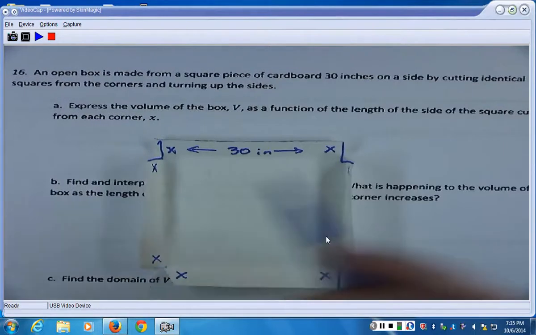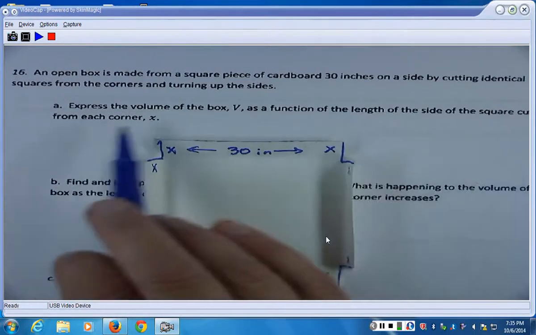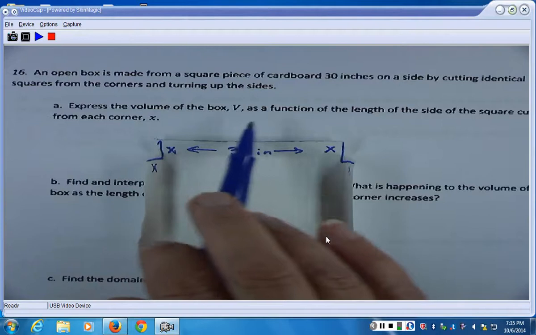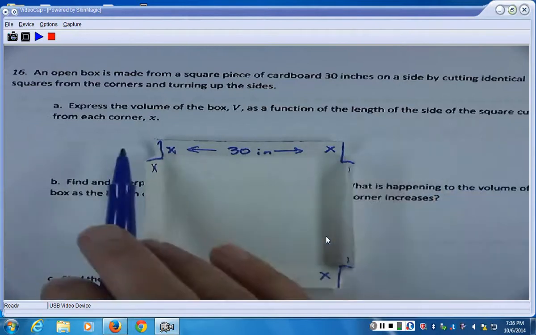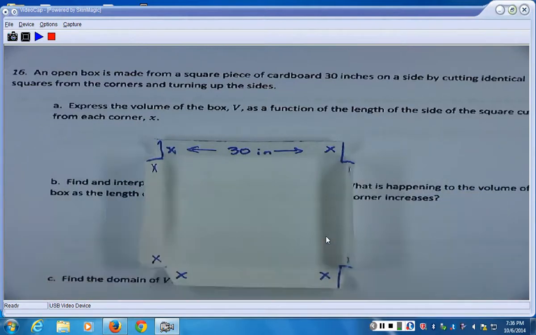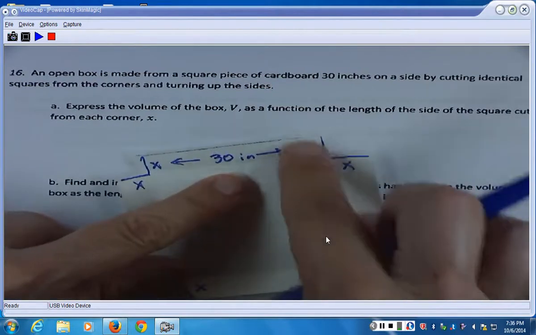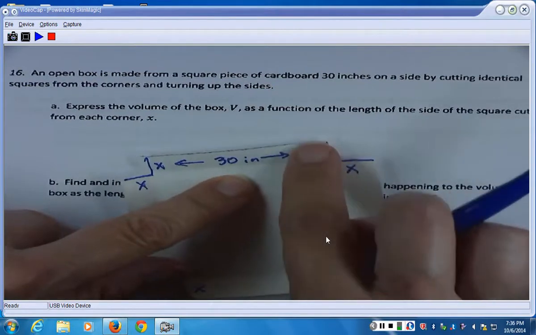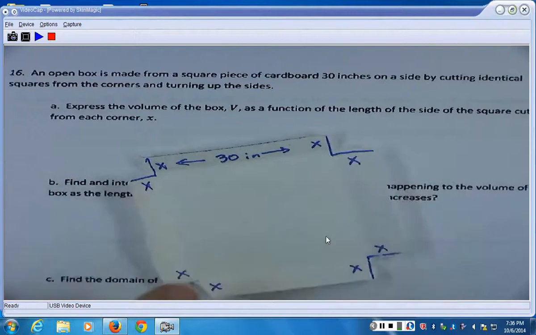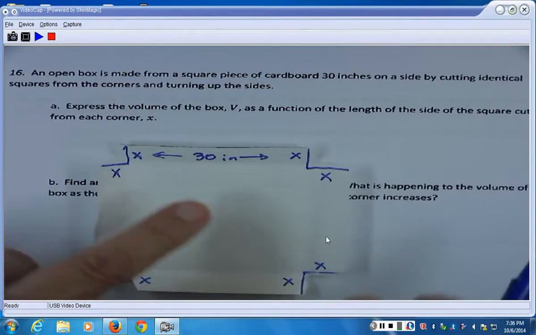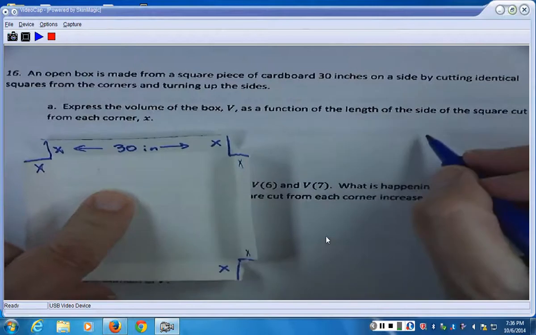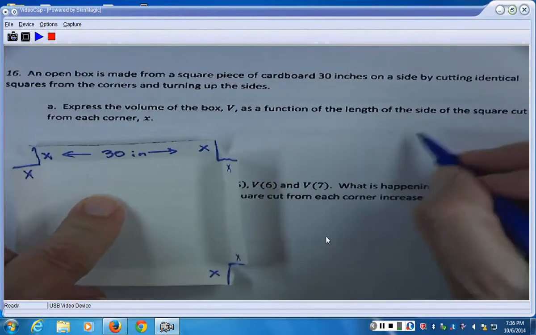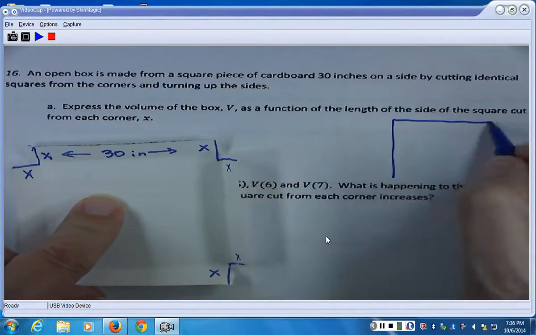I'm cutting identical squares and turning up the sides. Express the volume of the box V as a function of the length of the side of the square cut from each corner, X. So the amount we're cutting from each corner is X. So, volume, so here's another picture.